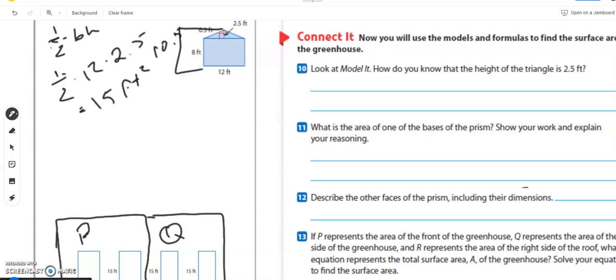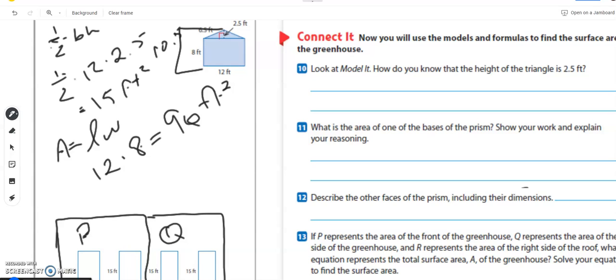Because I'm sure you remember the area of a rectangle is the length times the width. In this case, the length is 12 feet, and the width is 8 feet. So 8 times 12 is 96 feet squared.